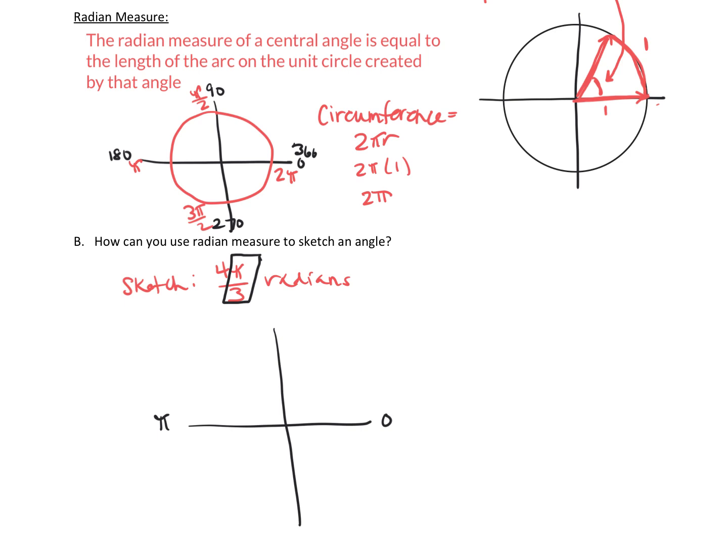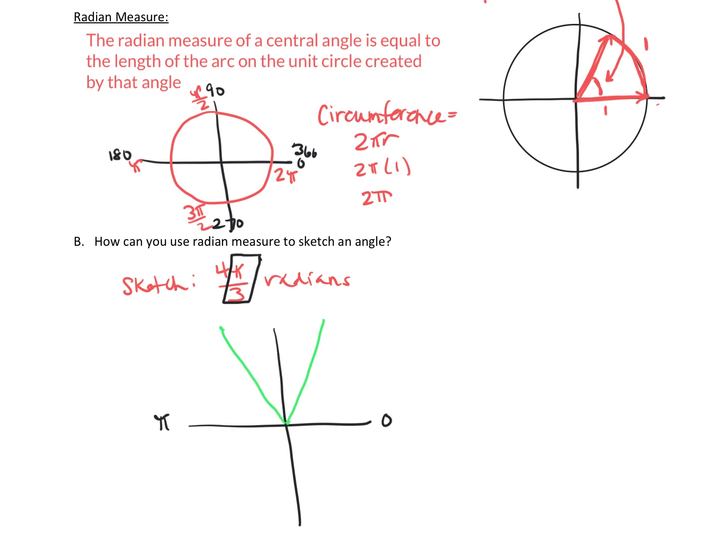So what I like to do is I sketch that out. I'm going to take pi from here to here, and I'm going to divide it into thirds. It won't be perfect, but if I divide it into thirds like that, each of these sections is a pi over 3.